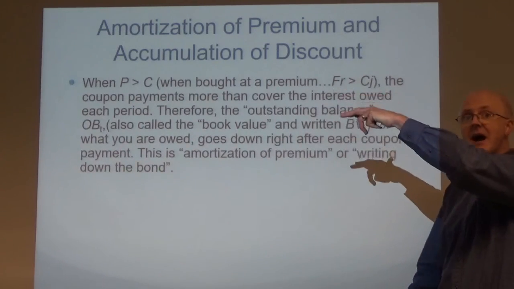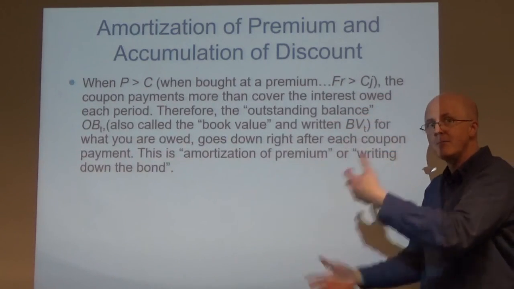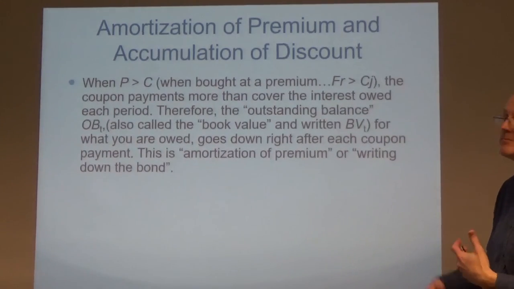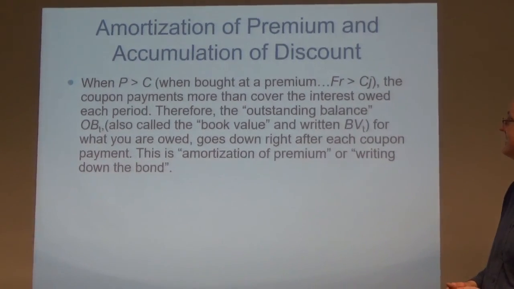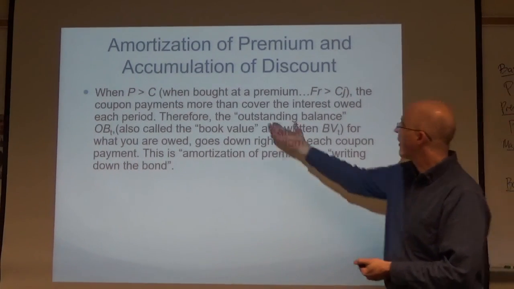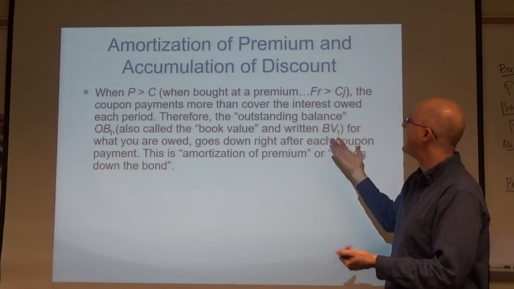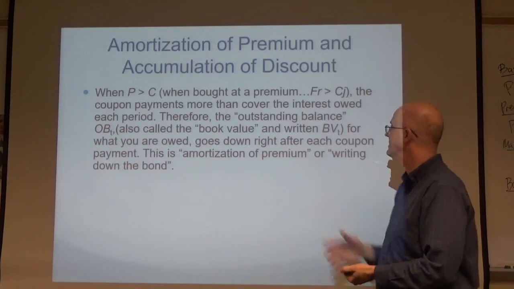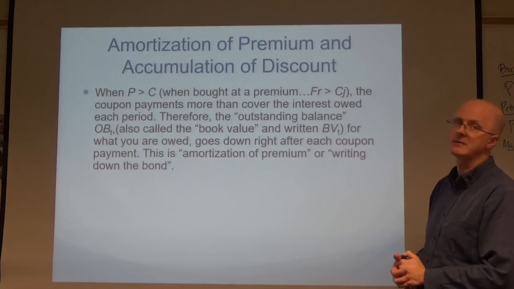The balance starts out higher than C because you are loaning them more than C. It's got to go down to get to C at the end so that they can pay it off at the end. It more than covers the interest that they owe. They are paying down the loan that you made to them, essentially. That's called amortization of premium, and it's called writing down the bond.